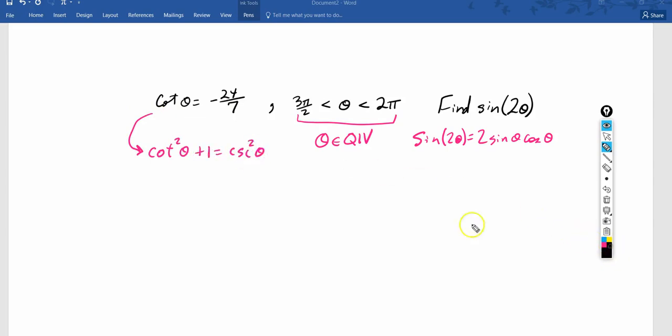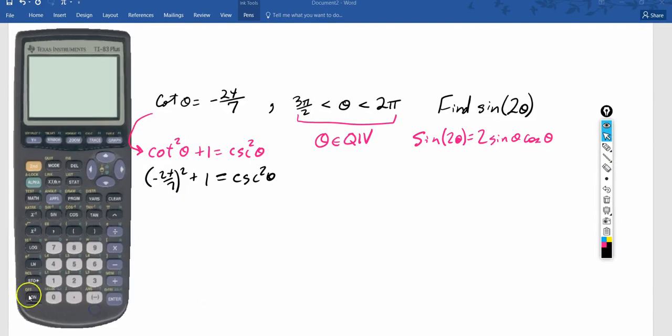Okay, so if I do that, I'm going to have negative 24/7 squared plus 1 is equal to cosecant squared. Negative 24/7 all squared, and then I'm going to get that as a fraction.